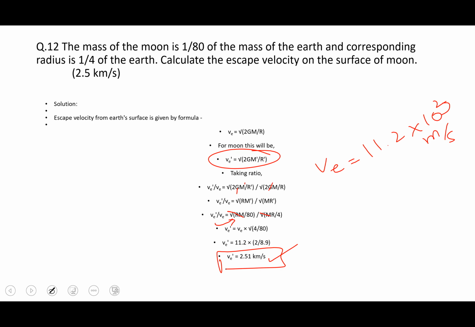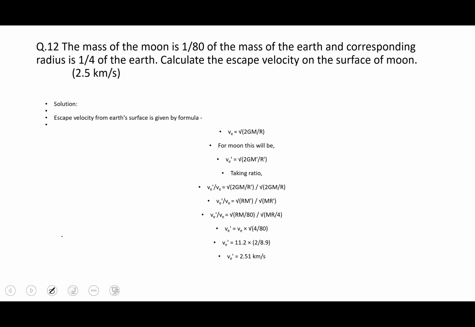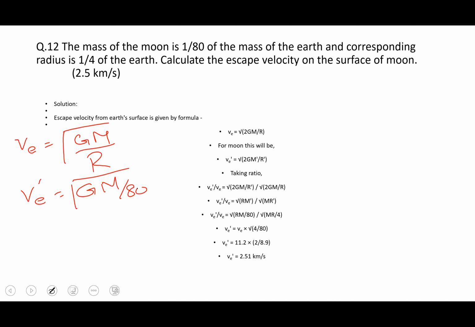Another method of doing this is the substitution method. The substitution method says that you have the value of the Earth's gravitation, and the escape velocity is also there. So escape velocity is equal to under root GM divided by R. Now, in this case, V E dash means we are going to change this: GM divided by 80, because that was the mass, divided by the radius, which was a fourth.